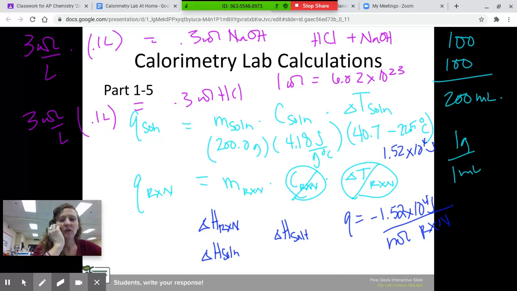If a reaction happens 0.3 moles of times, that's an actual number. 6.02 times 10 to the 23rd times 0.3 is 1.806 times 10 to the 23rd.